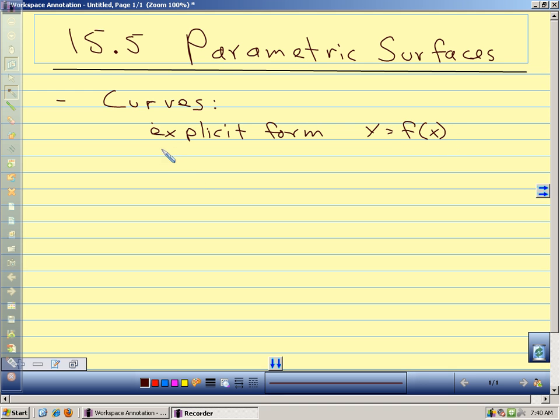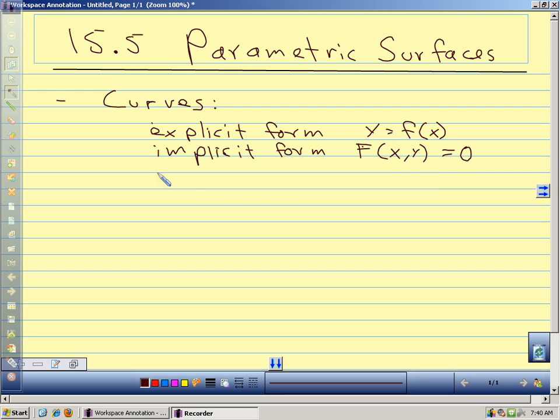And our implicit form, we have some function of x and y, and I'll use a capital F to make a distinction here, some function of x and y equals 0. So when we had to differentiate implicitly or something like that, our equations were in this form, some function of x and y equals 0.